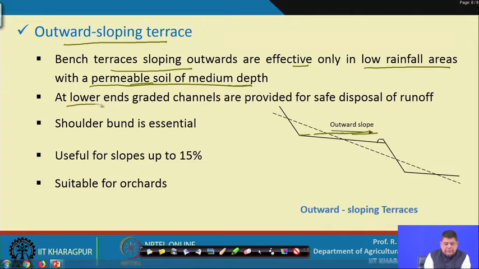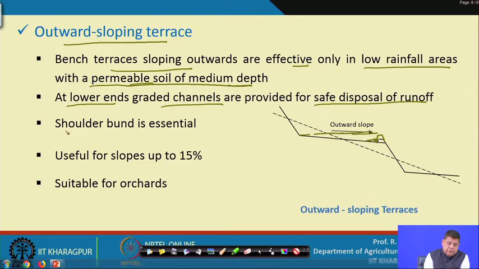At the lower ends of this terrace, graded channels are provided for safe disposal of runoff. So, by the side of this shoulder bund here, a kind of channel is provided, and the grade is provided perpendicular to the screen here, so that whatever excess rainfall occurs is taken out safely from the area.